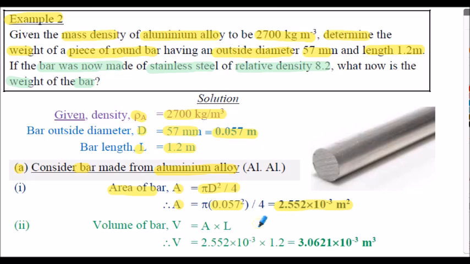And then to calculate the volume of the bar, this is a prismatic section, so a constant section. So the volume is simply the cross-section area multiplied by the length. So the volume is the area calculated above multiplied by the length of 1.2 meters. So our volume is 3.0621 times 10 to the negative 3 meters cubed.